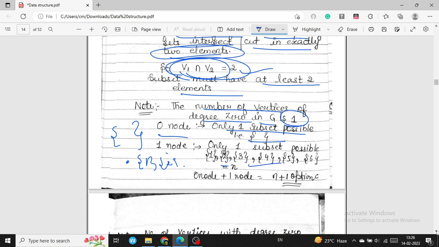You can keep in the curly braces the number of nodes equal to n. 0 node plus 1 node, when we add them, gives n plus 1. So that's why option C is the answer.